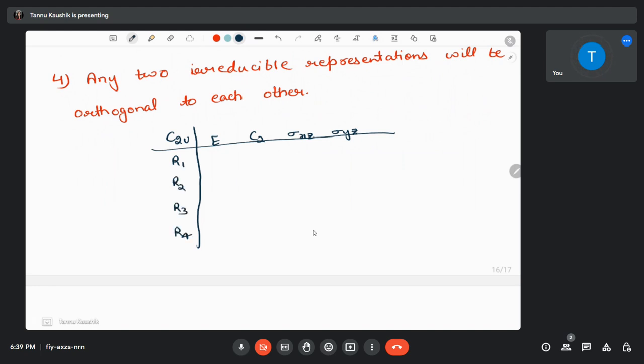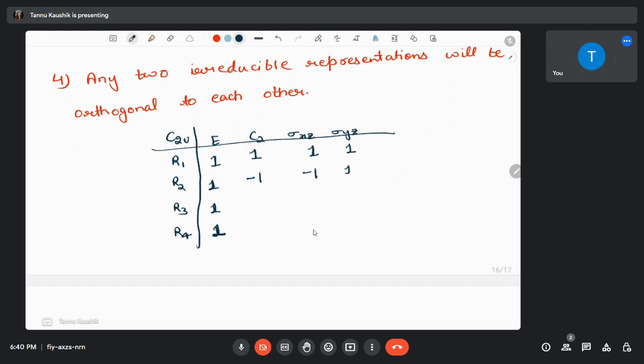R1, R2, R3, R4. So 1, 1, 1. Now we will have to put the values of these characters such that the multiplication of any two representations, and the sum of these, will be equal to 0.